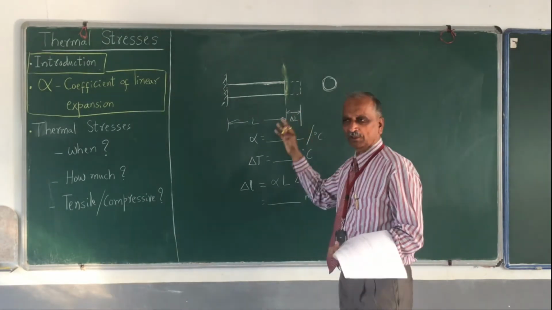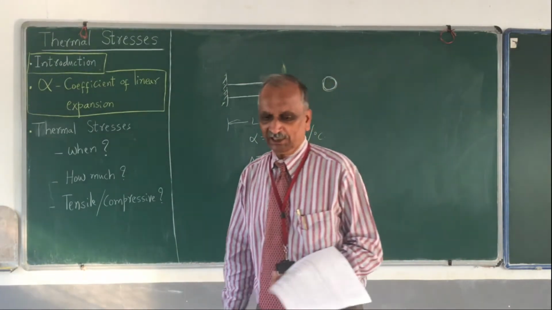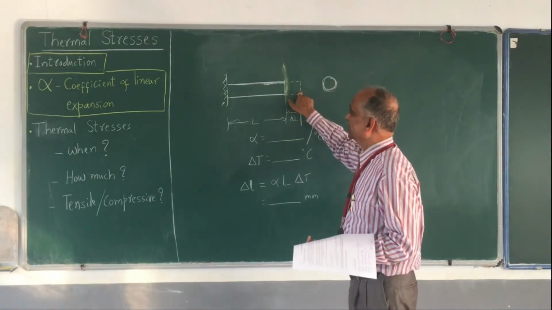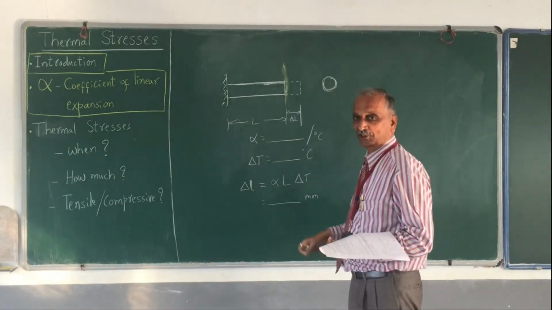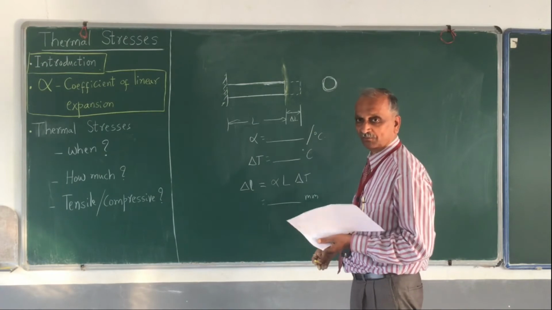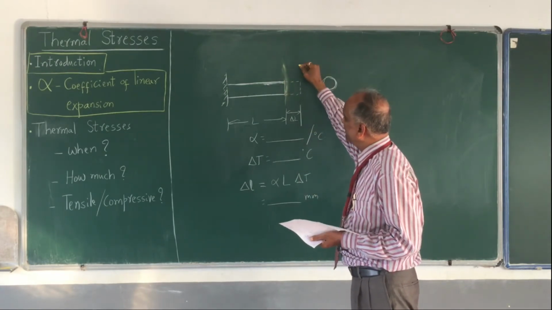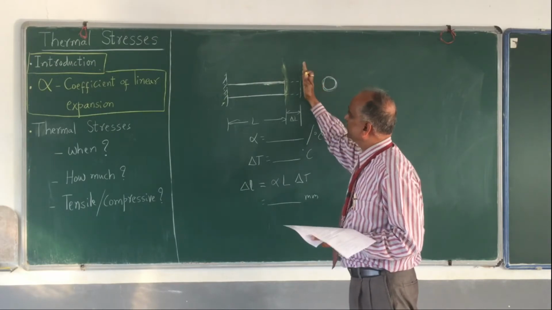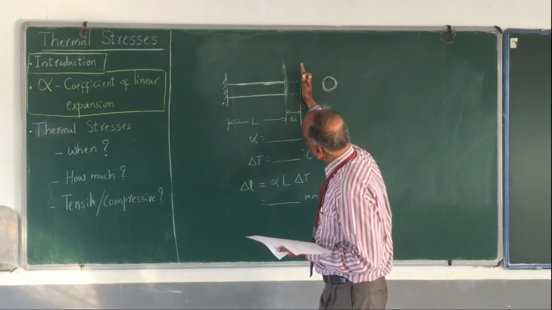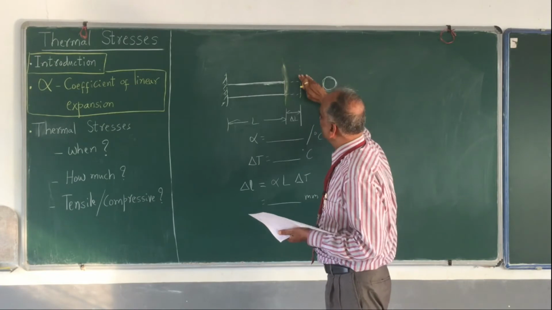Now let me come to the real situation. This delta L, which would have increased, is not allowed. Therefore I bring the wall here, and the wall will push this member.